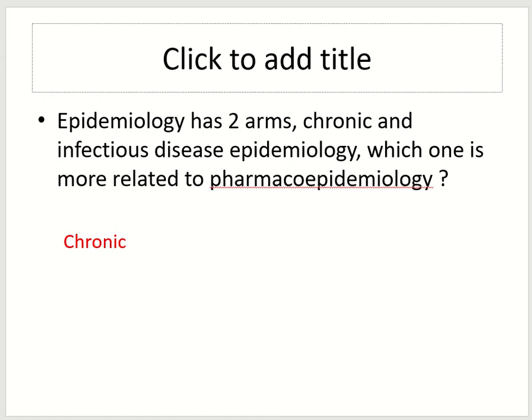But before we go into that, it's useful to know that epidemiology has two major arms. One that looks at chronic disease and one that looks at infectious disease. And therefore, you will hear about chronic disease epidemiology and infectious disease epidemiology. What matters here is that these two arms have developed their own mechanisms of investigating these diseases.